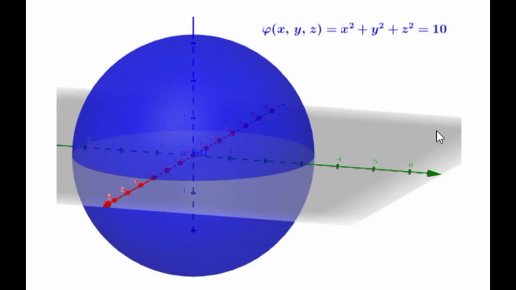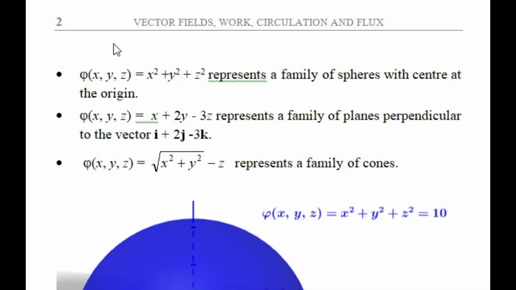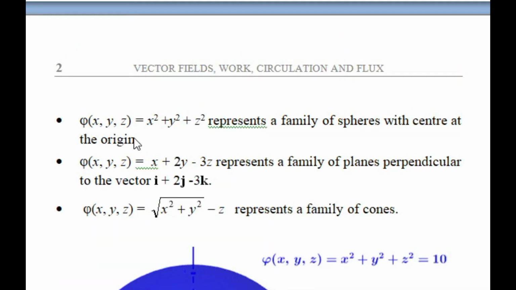Now we consider one more example. Phi of xyz is equal to x square plus y square plus z square. Same scalar field, but we equate it to 10. So this again gives a sphere centered at the origin and having radius square root of 10. Okay. Now let's consider some more examples. What about phi of xyz is equal to x square plus y square plus z square, simply written?